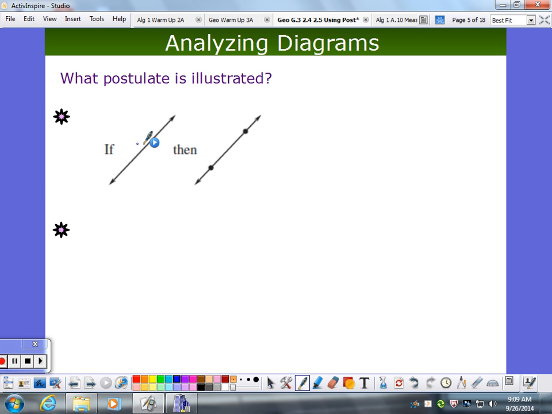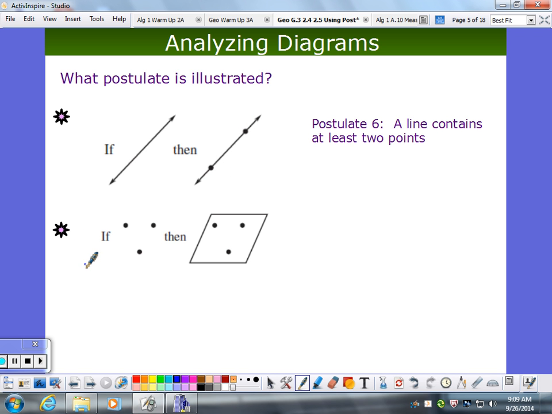All right, what is this postulate here? What's going on? And look at your list of postulates and see which one it fits. Which one, Joseph? Right, that was postulate 6, right? A line contains at least 2 points. So if you have a line, you have at least 2 points. And then what about this thing here?